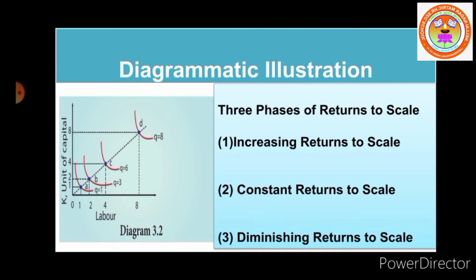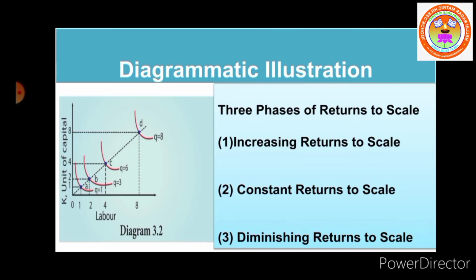The constant returns to scale. In this case, if all inputs are increased by 1%, output also increases exactly 1%. That is the constant returns to scale. Increasing returns to scale: if all inputs are increased by 1%, output increases by more than 1%.